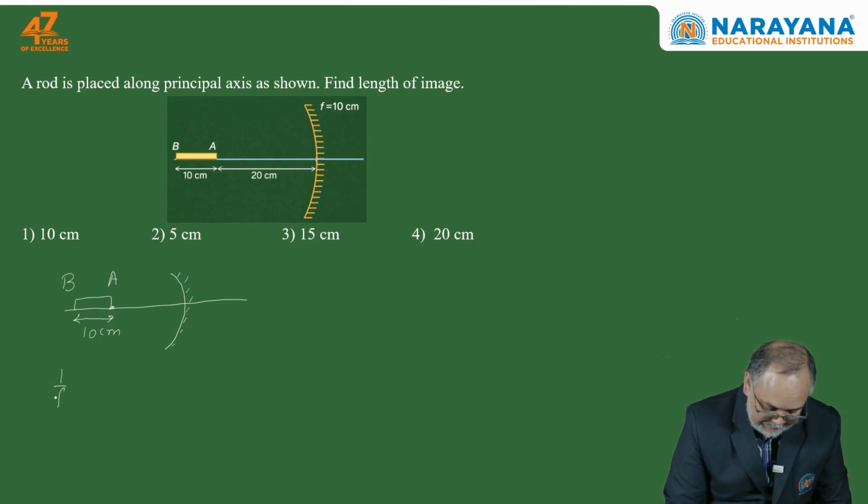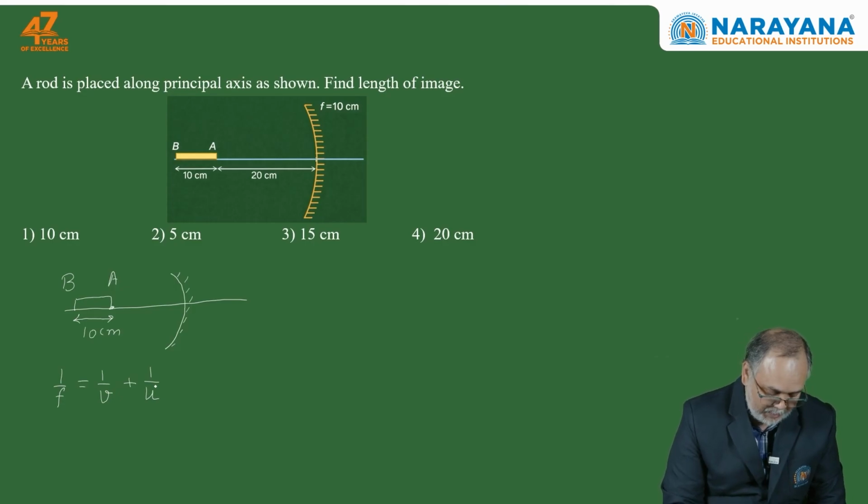1 by F is equal to 1 by V plus 1 by U, that is a mirror formula. Now we can put the value of F here, that is minus 10, concave mirror we have, is equal to 1 by V plus the value of U. Now value of U we can see over here, 20 centimeter plus 10 centimeter, so it will be minus 30.